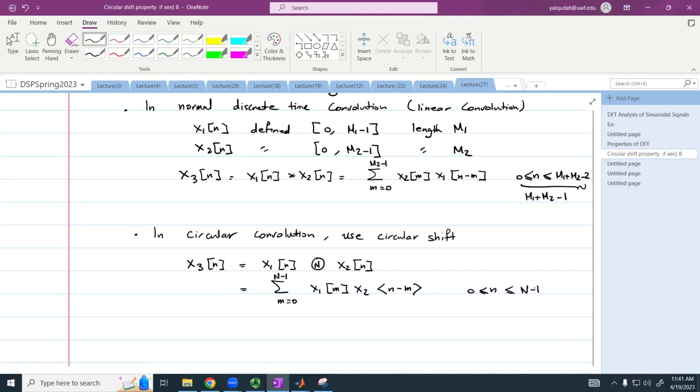Oh, I see what you're saying, because I'm shifting x1. Yeah, this might be M1.